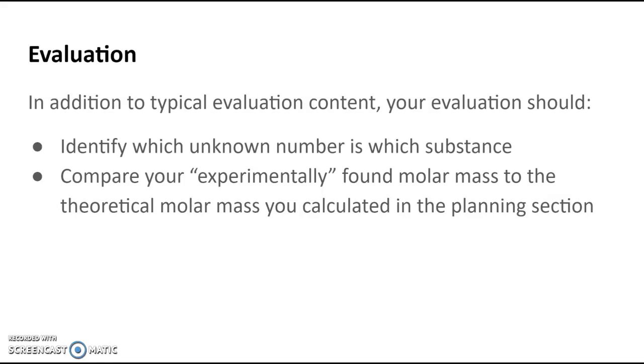And it's really meaningless if we don't summarize our findings in our evaluation. So you'll need to list out in your evaluation that, you know, unknown number 1 was sodium chloride. And compare your experimentally found molar mass to the theoretical mass you calculated. So, you know, are they dead on? Is it close? Is it within rounding?